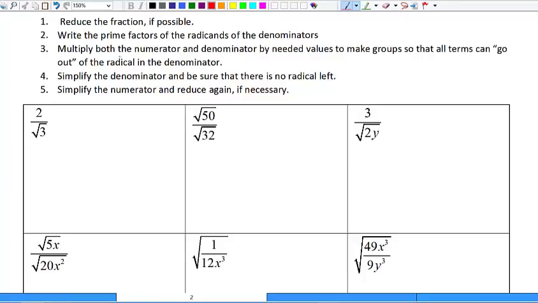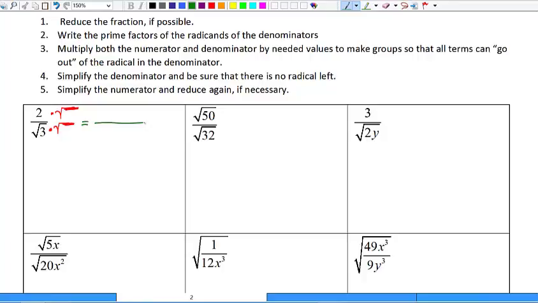Now step 3, multiply the numerator and the denominator by needed values to make groups so that all terms can go out. Okay, so we are going to multiply by something, and we know it's going to be a radical of some sort. But we have to decide what's in this radical.